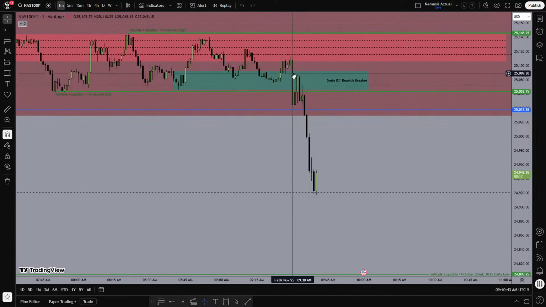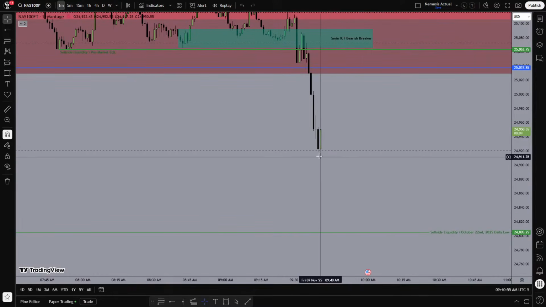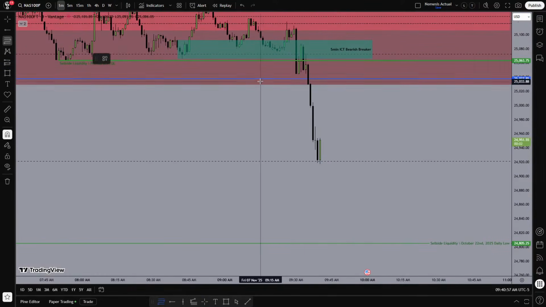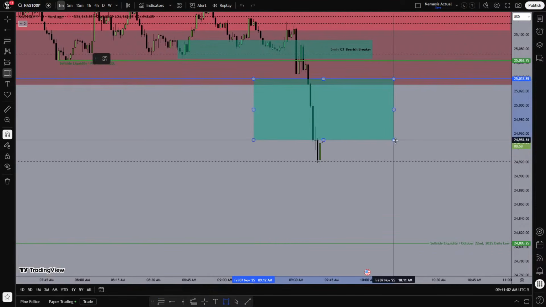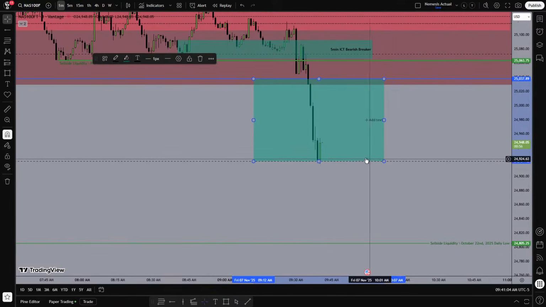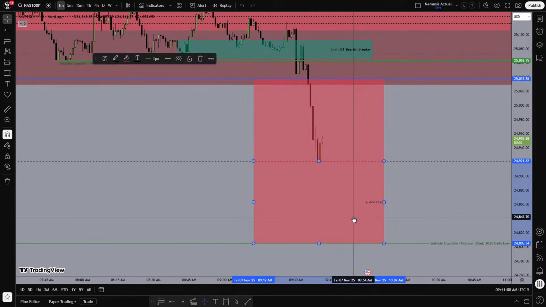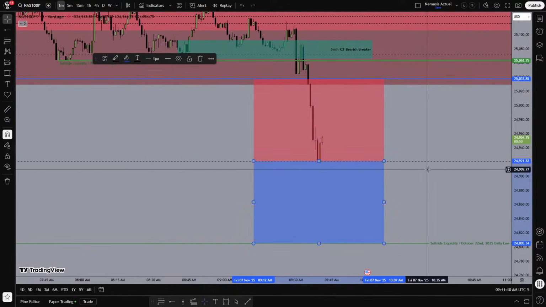You can see how that first presentation is utilized there with the logic behind that 5-minute bearish breaker I told you about. So it hits it and delivers that consequent encroachment. So now this will become kind of like this. This area would be premium, and over here would be discount.